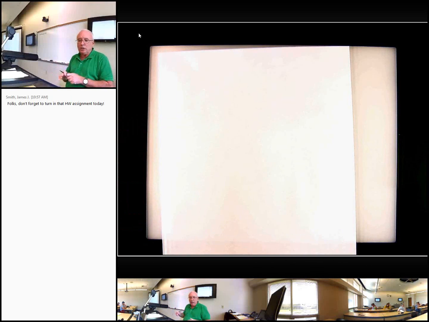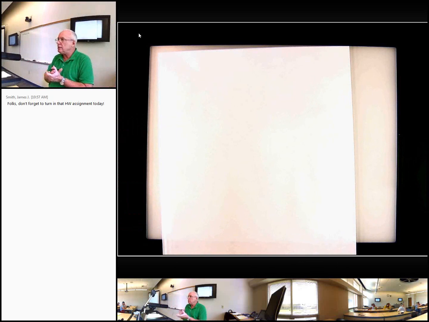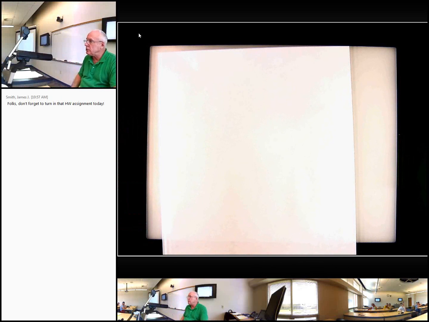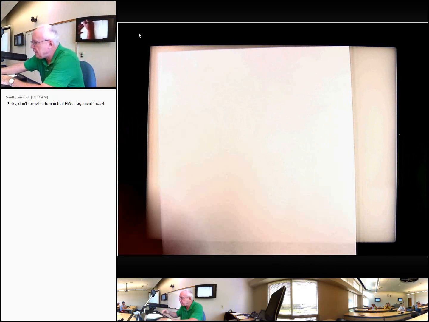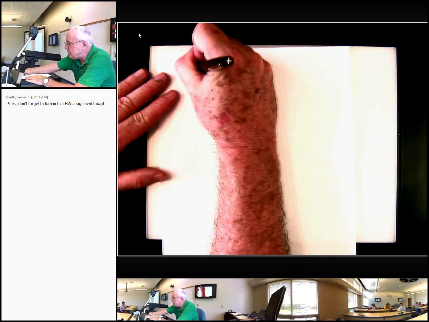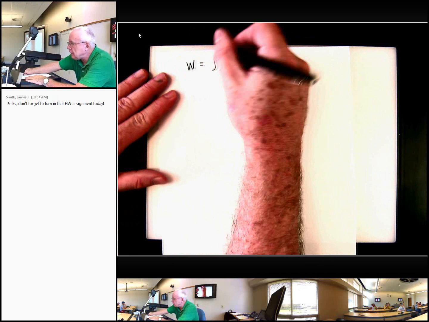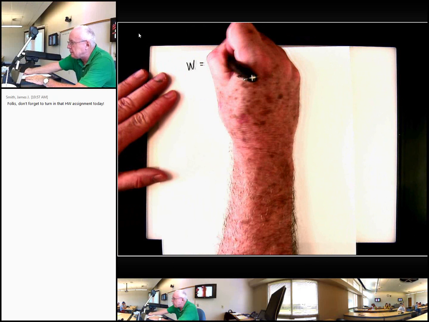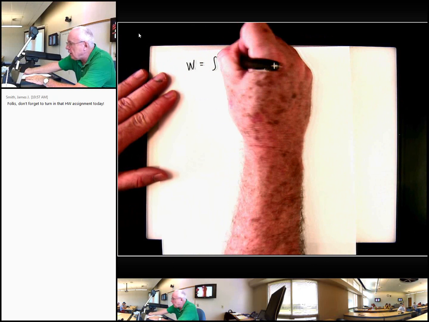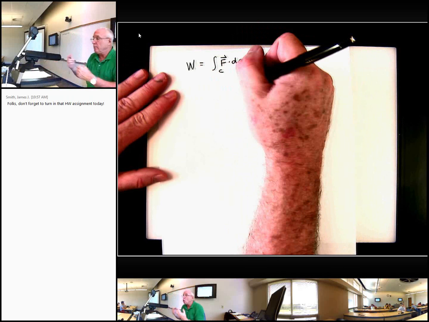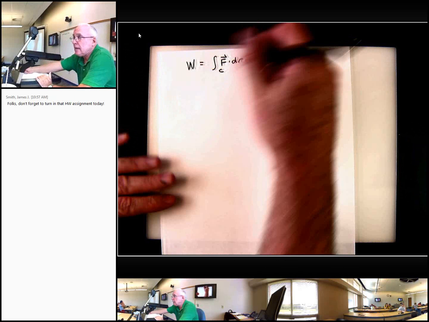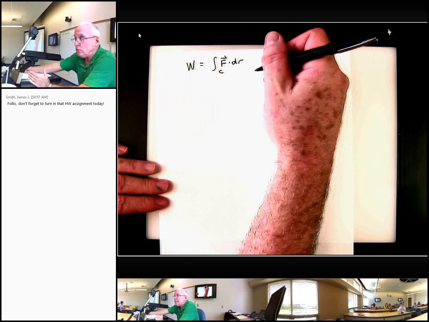Okay, so this could be the work done. That's what I'm thinking of. The example that we saw as far as physics is concerned: the work done is like moving a force along this curve C. The work done is an example of what this thing equals.